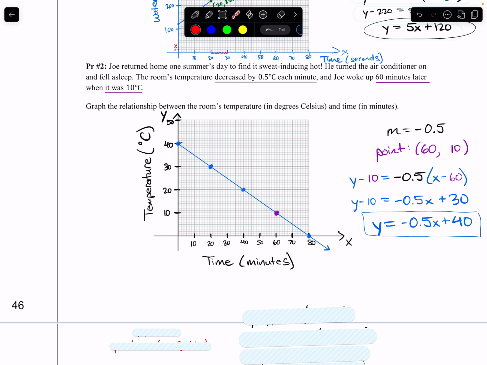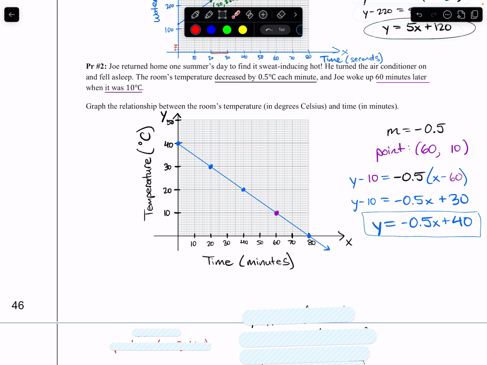So our slope, because it's saying that it's decreasing, that's a negative 0.5. And then they give us a point where the x-coordinate is 60, the y-coordinate is 10. So that's the point there. We can plug those values into point-slope form and solve for y to get slope-intercept form.